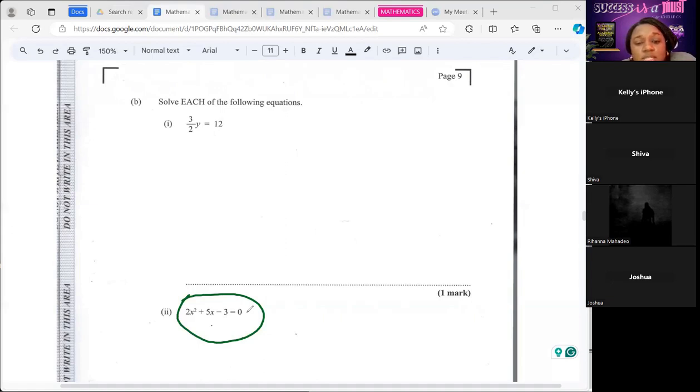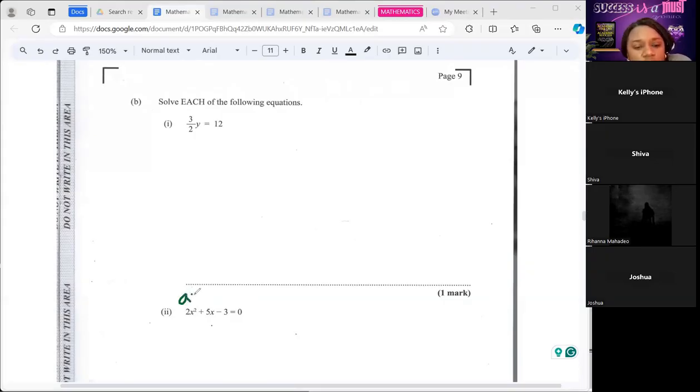Does anybody want me to do this using the factorization method as well? Those are the two easiest ones to use, really. So I'm going to start by doing the formula, and if anybody wants me to solve it using the other one, the factorization method, say something, right?